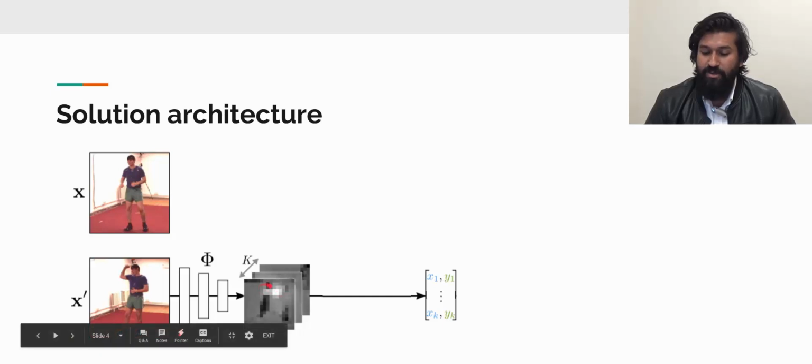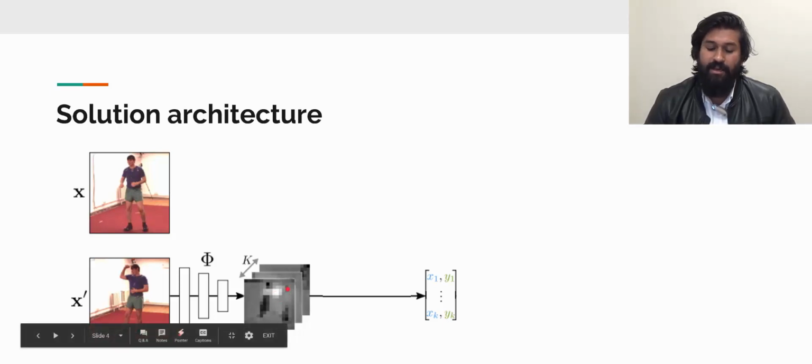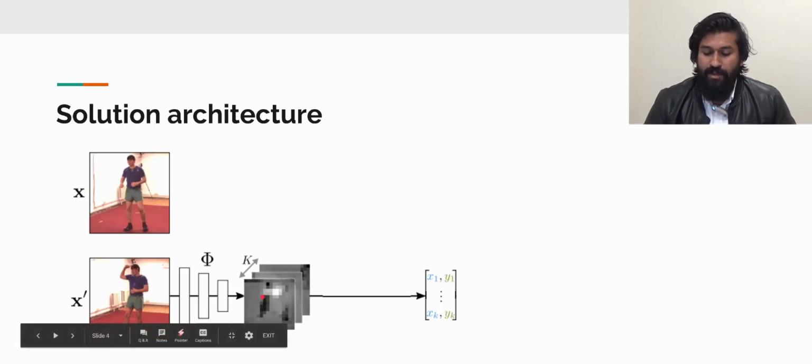That means if we look into this pixel here, it has the maximum value in the whole heat map. So we can say that these pixels can be some potential landmark points.